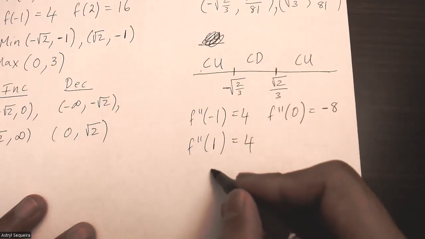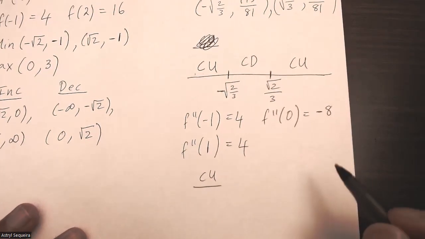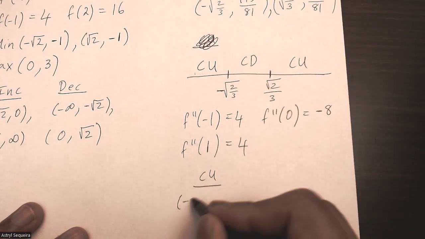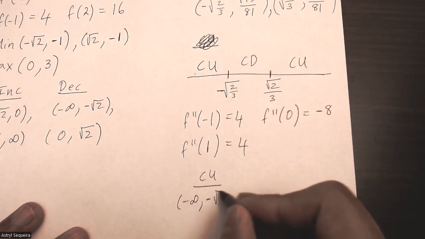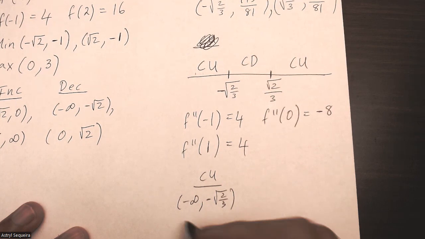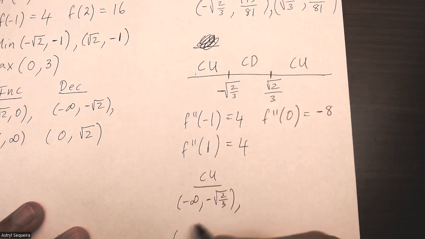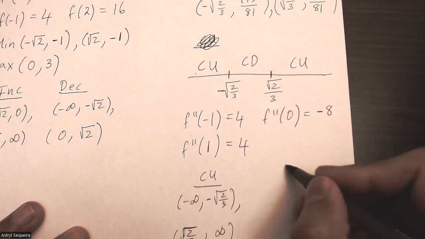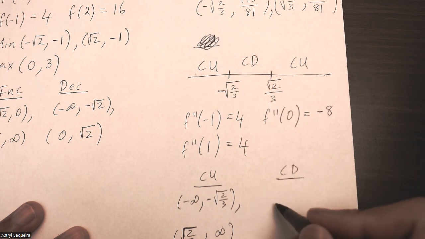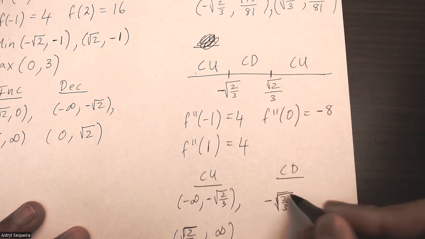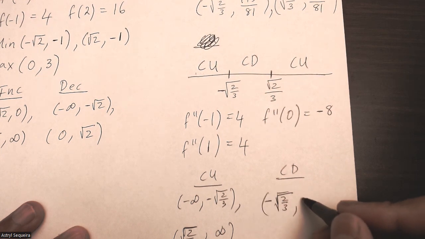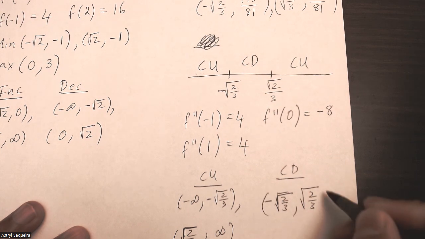So my intervals of concave up are negative infinity to negative root 2 over 3, and also root 2 over 3 to positive infinity. My intervals of concave down are just negative root 2 over 3 to positive root 2 over 3.